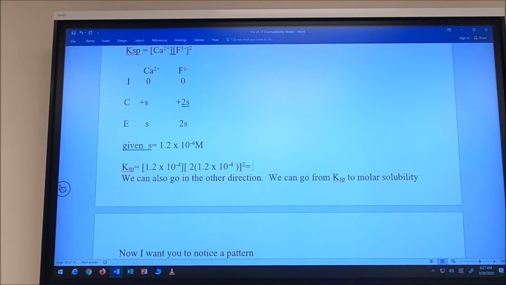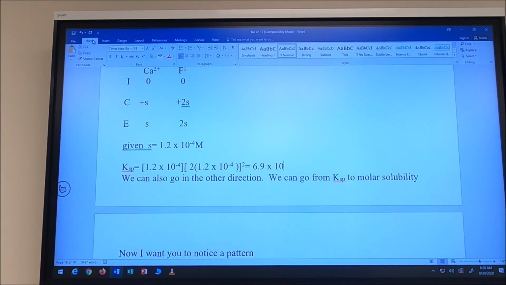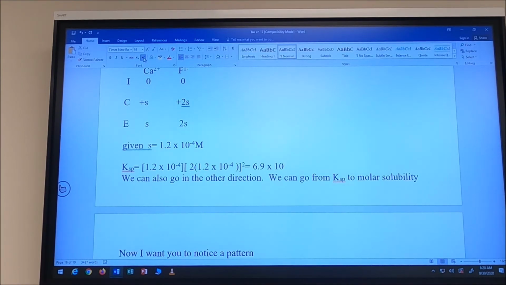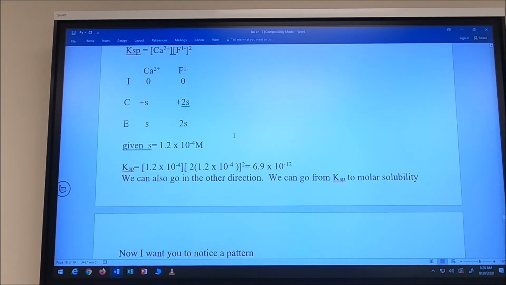let me grab my calculator. 1.2 EXP negative 4 power, and we get 6.9 times 10 raised to the -12 power.